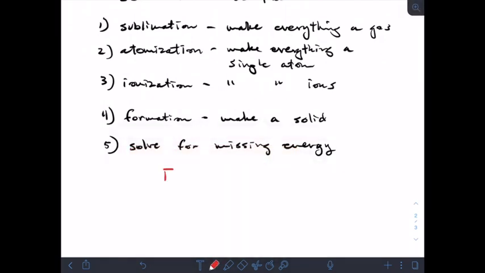These are all tabulated values of delta H. These are all enthalpy values, and we're going to use Hess's law and basically add up the steps.